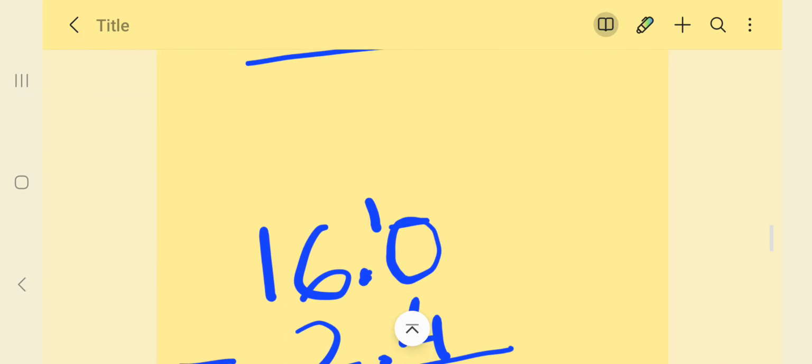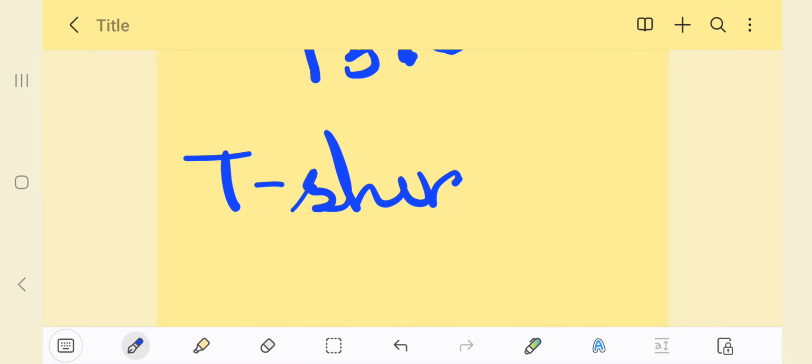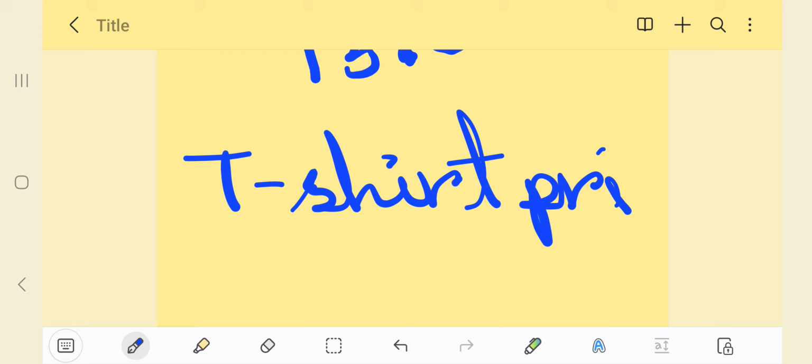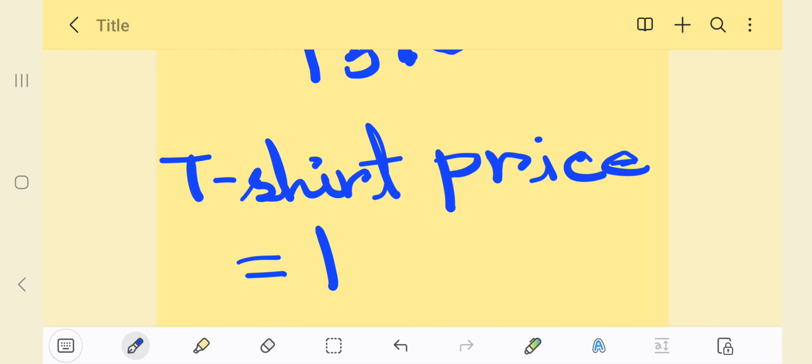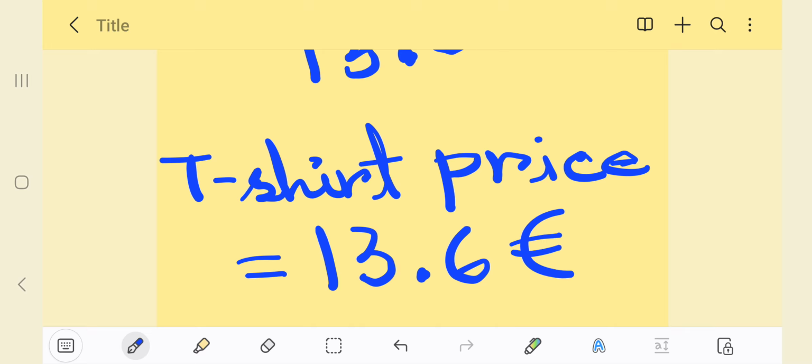So the result is, we should always write the result, the t-shirt price equals 13 euro and 60 cents, and this is the amount we need to pay when we are buying this t-shirt after 15% discount.